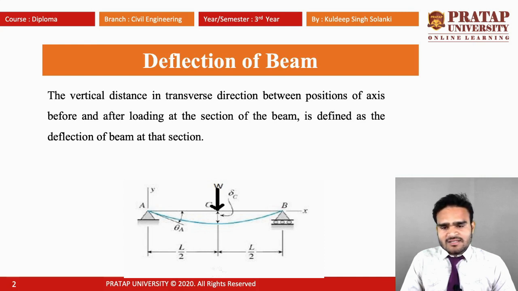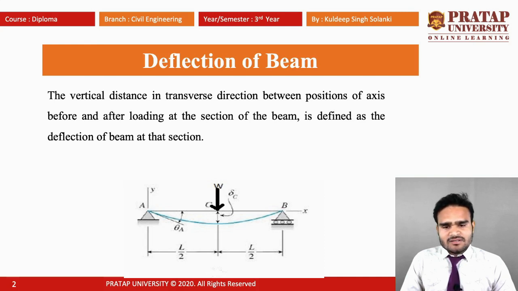In this case the beam will deflect from A to B, and this green line is the deflected shape of the beam. Suppose it is deflected at the central position from C to C dash vertically, so this is called the deflection.